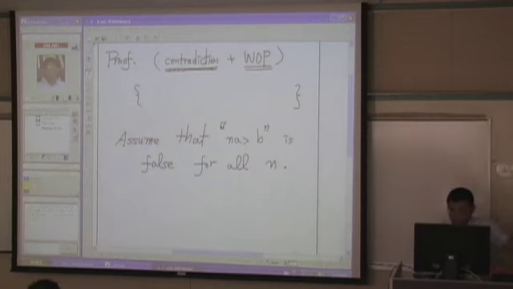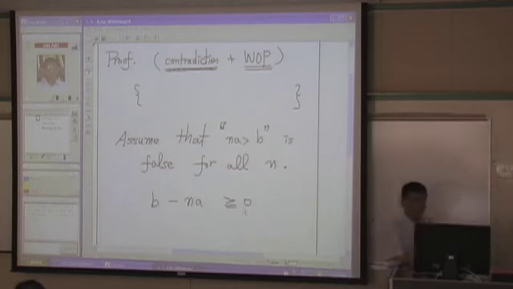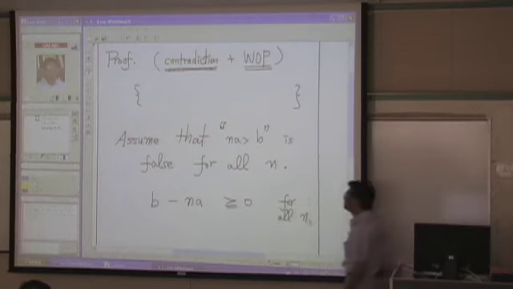So assume that this is false for all n. In other words, if we negate this one, then it means this: B minus nA is greater than or equal to 0 for all n. Do you follow me or not? So I will be slow, and you must follow my statement.